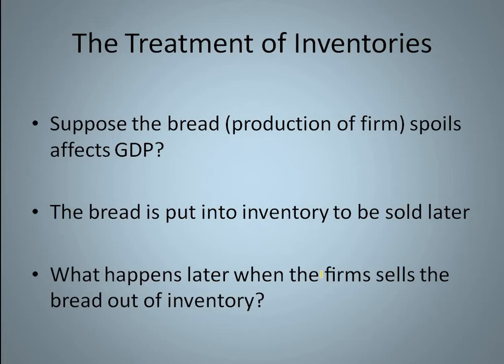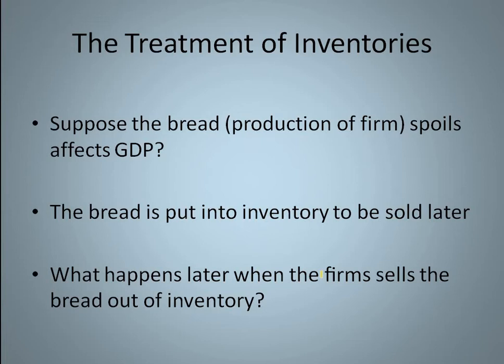There are two conditions. Let's first suppose that the bread spoils. In this case, the firm has paid more in wages but has not received any additional revenue. So the firm's profit is reduced by the amount that wages have increased.